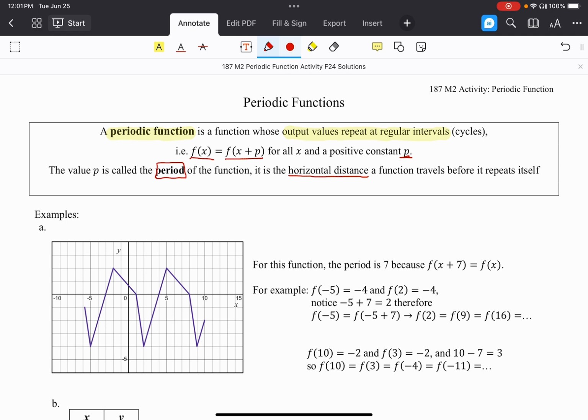So you could also think about this as the change in input until the output repeats itself, until the output hits the same value again.